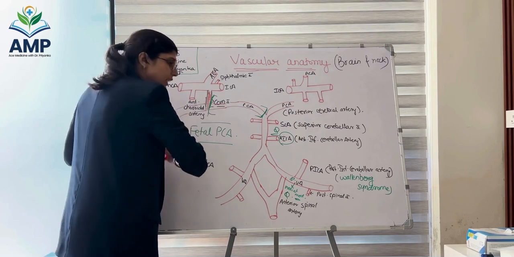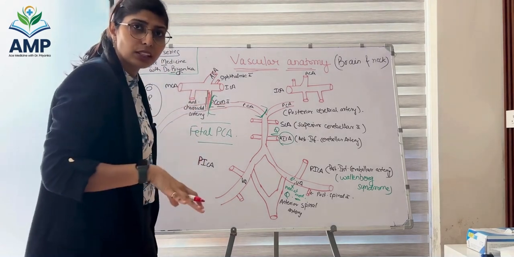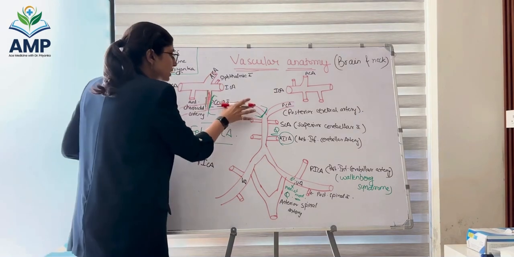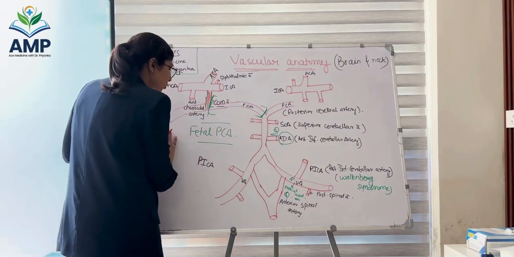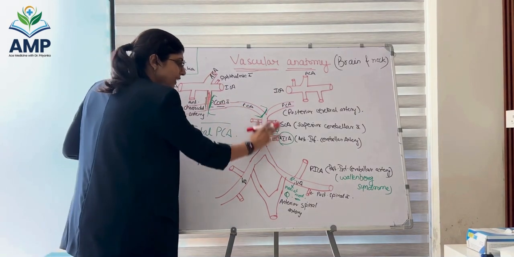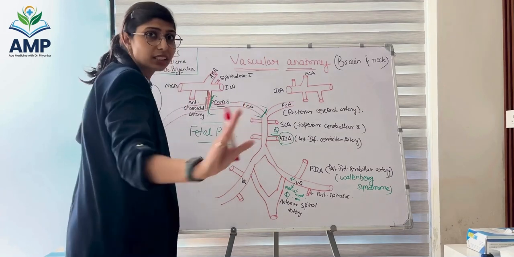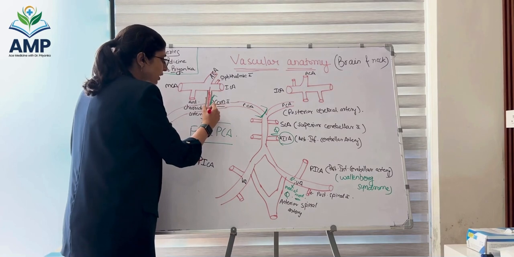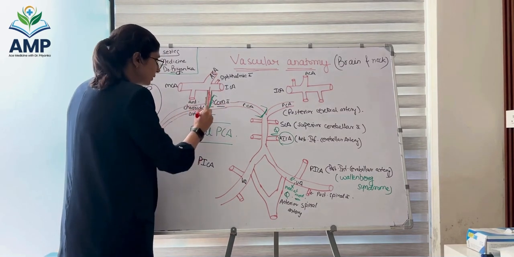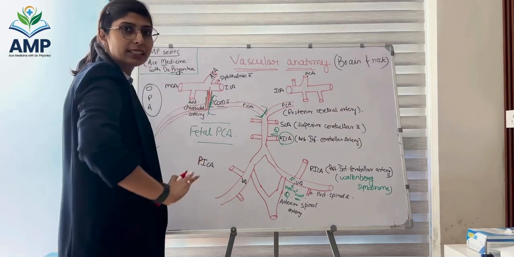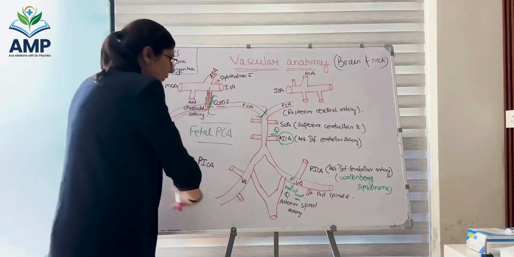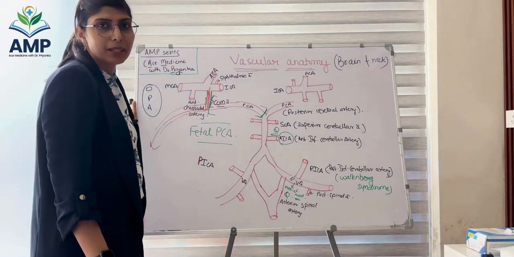PCOM comes in, the PCA continues, it supplies the occipital part of the brain, the posterior cerebral hemisphere, as we know. So when this part is not there, the posterior cerebral hemisphere is not getting its supply from the posterior circulation, but the blood supply is coming through the posterior communicating artery into the posterior cerebral hemisphere. So the anterior circulation is supplying the posterior cerebral hemisphere.